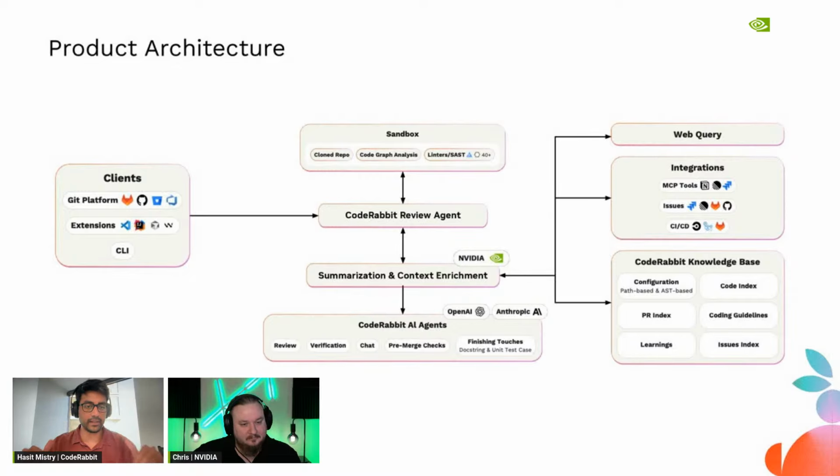The next step that happens is after collecting information from doing some web queries, we look at the integrations that you've enabled in CodeRabbit. So you can actually connect CodeRabbit to MCP servers if you have your own or other popular MCP servers out there. You can connect CodeRabbit to your ticketing system. I understand that a lot of teams hold a lot of knowledge in Jira or Linear, right?